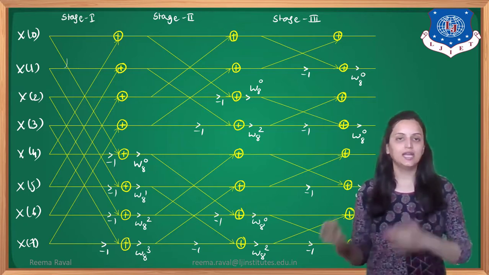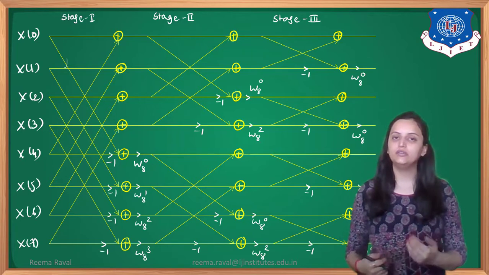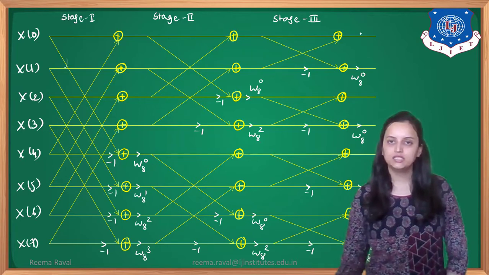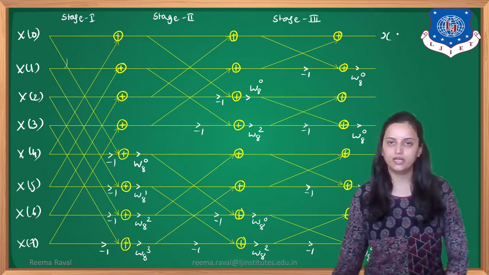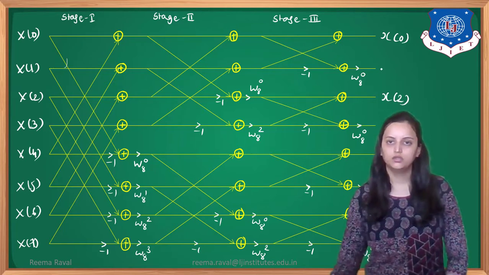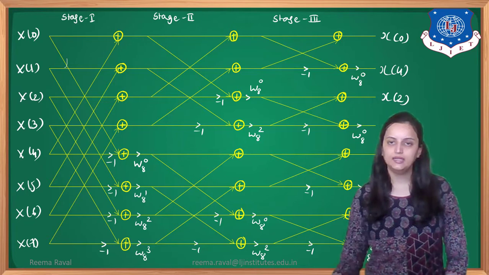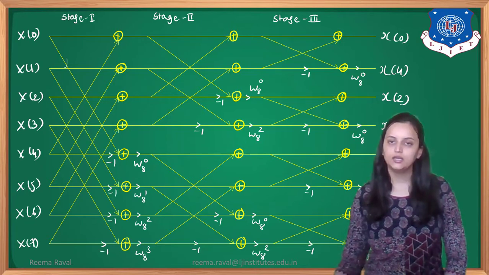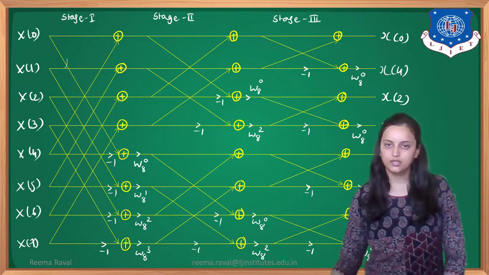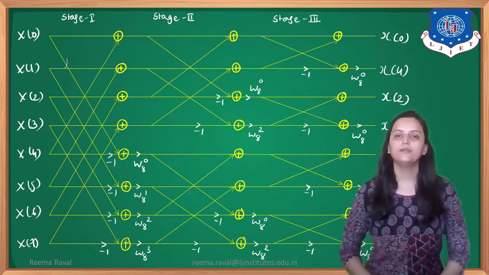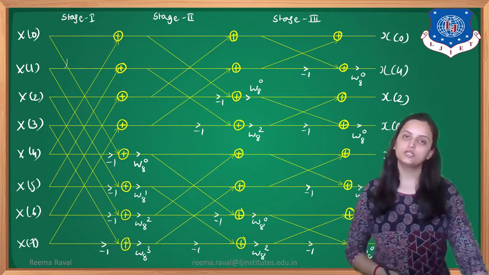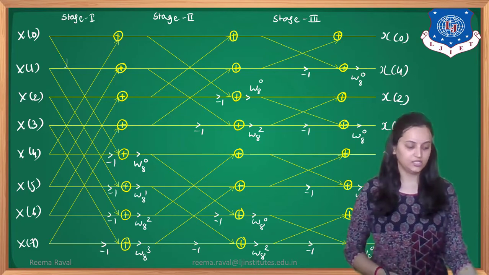But at the output side, we are going to have the even and odd logic. First we write the even values, X of 0, 2, 4 and 6. Now the odd values, X of 1, 3, 5 and 7. These are the values at the output side for the DIF FFT structure.